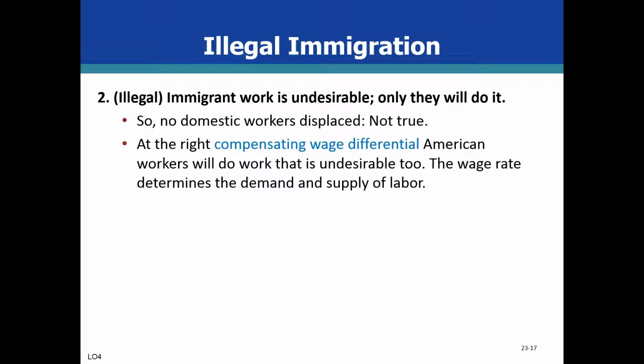So again, you can get people to shovel ditches for $10 an hour. They may not do it for $2 an hour. That's just a wage demand issue, not an illegal immigrant issue. So to say that only they will do it, yeah, only they will do it if you suppress the wage. It's a little different argument.